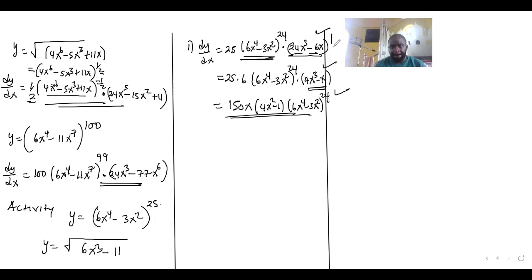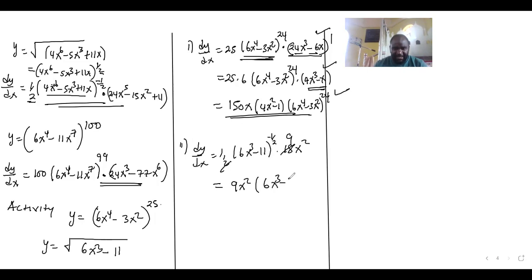Yes. Someone give me the second answer. A half into (6x^3 minus 11) to the power negative a half times 18x^2. This one you can simplify and get the answer as 9x^2 (6x^3 minus 11) to the power negative a half.